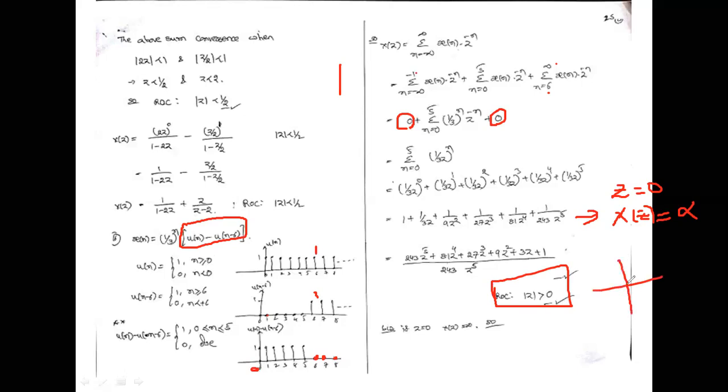So I take the range above 0, nothing but 0.1, or let us take 0.51, 1.5, and so on. All the values except z equal to 0. If z is equal to 0, X of z becomes infinite. Except z equal to 0, the entire z plane is the region of convergence.